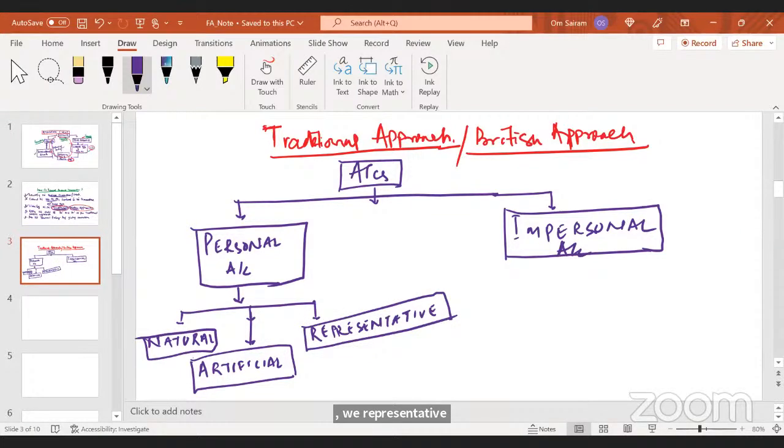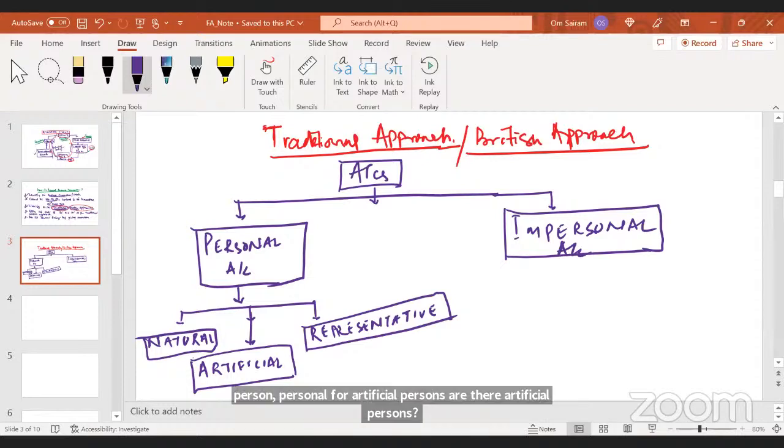Who are the natural persons? Natural persons like you, me, Ram, Hari, Ashok, Sita, Mita, Gita, Madhusmita. These are all natural persons, those who have life like us. Artificial persons are not living beings.